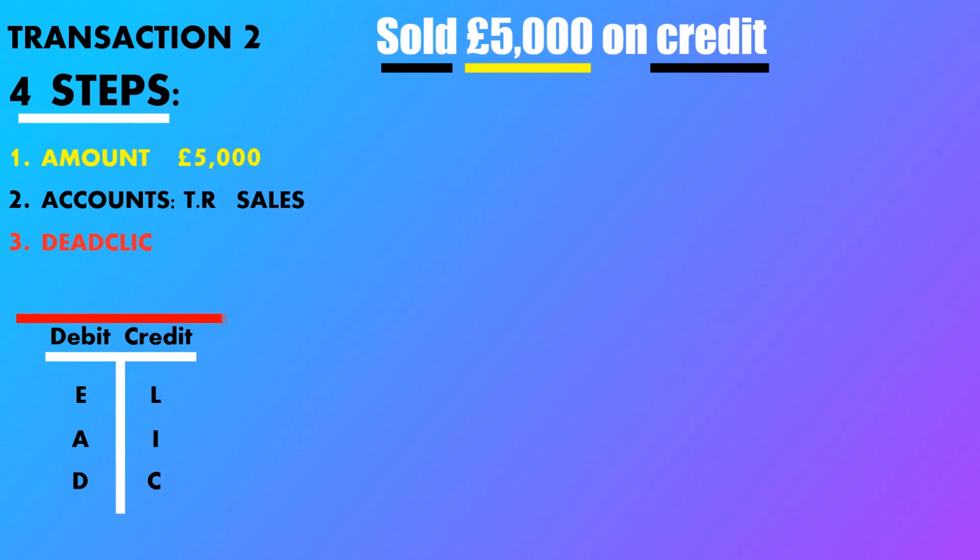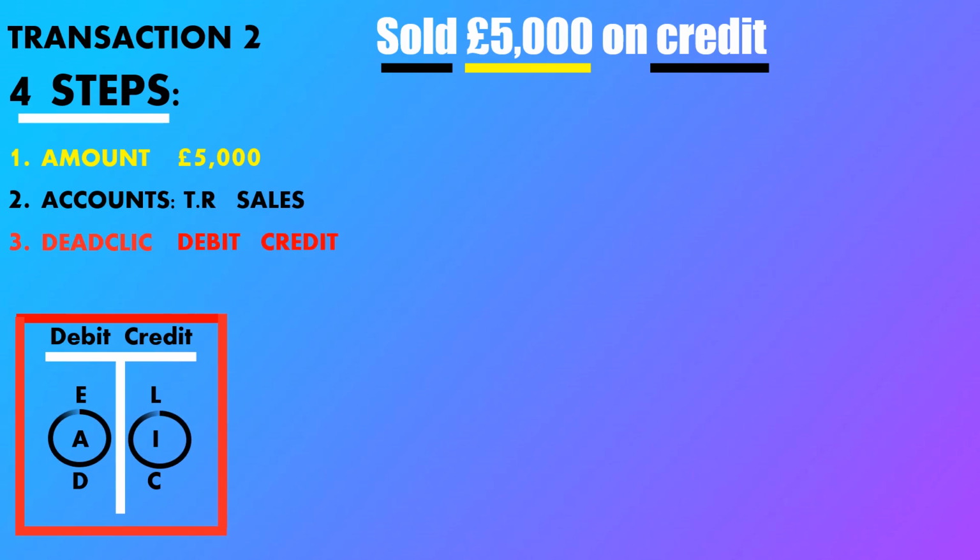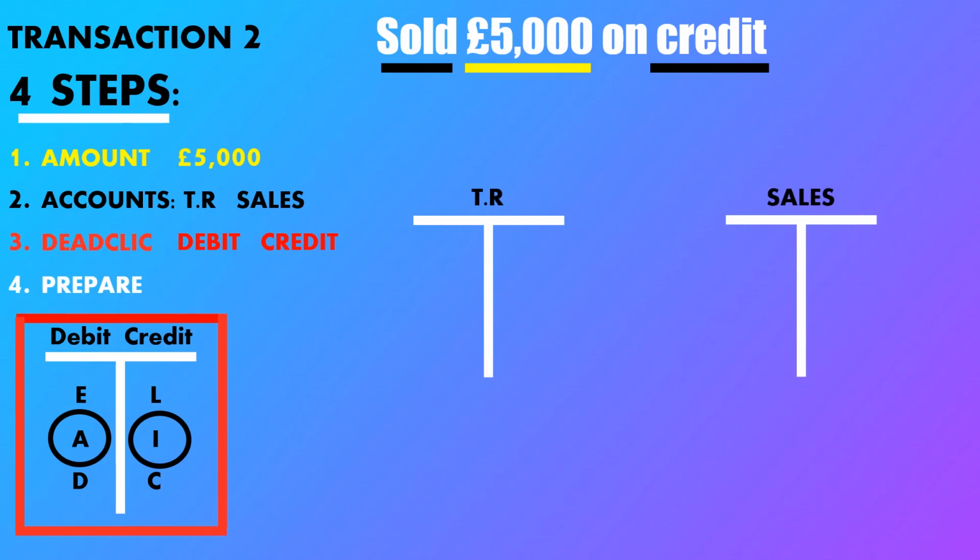For step 3, trade receivables is an asset as they owe the business £5,000, so it is recorded as a debit, and sales is an income which is recorded as a credit. Finally, step 4 is to prepare the T account. I am going to debit £5,000 in the trade receivables account and credit £5,000 in the sales account.